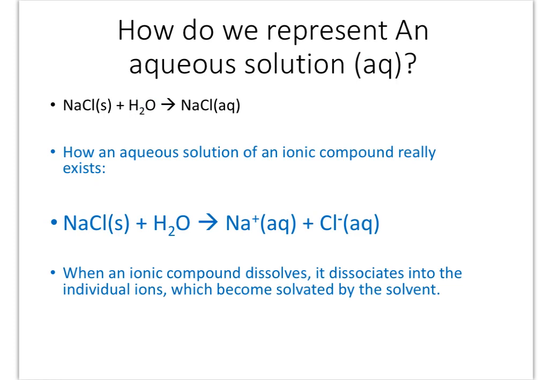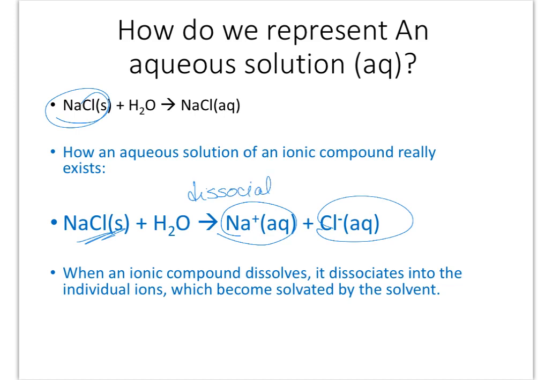Since most of this chapter will be focusing on dissolving ionic compounds in water, here's a reminder of what happens when an ionic compound dissolves in water. Always, 100% of the time, when an ionic compound does dissolve in water, it dissociates. So you should be able to draw that type of process.